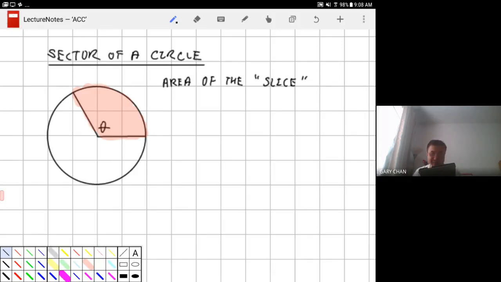Whenever a person thinks of a circle, certain foods come to mind, like a slice of pie or a slice of pizza, so that's why I'm using the word slice there. So area of the slice of the circle. That's what the sector of a circle is. And our goal is to come up with a formula that we can use to find the area of the sector here.